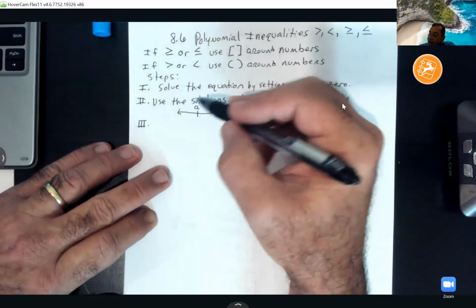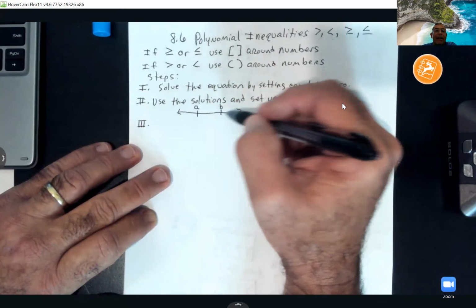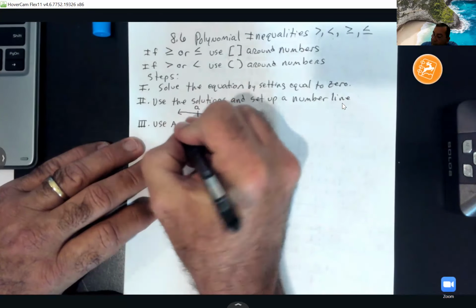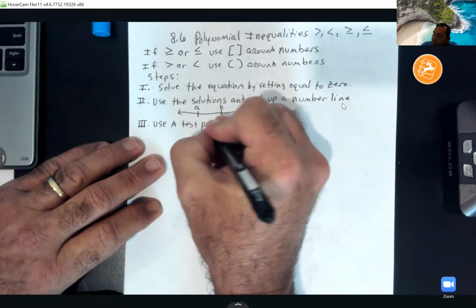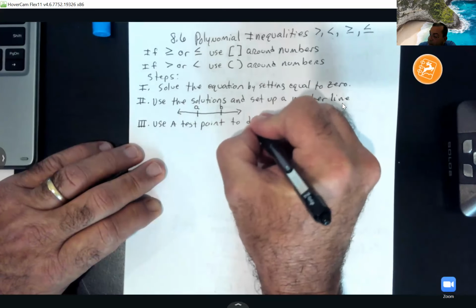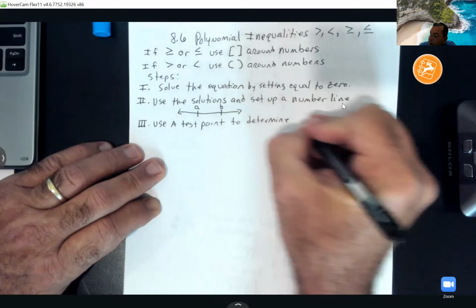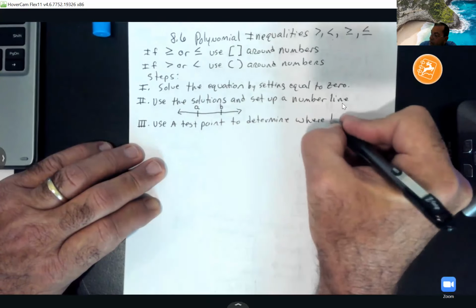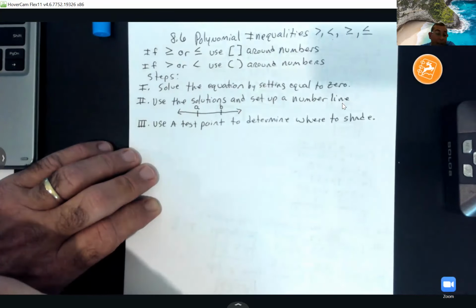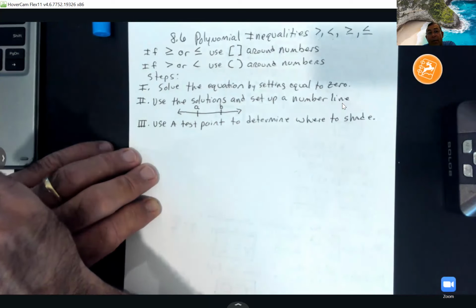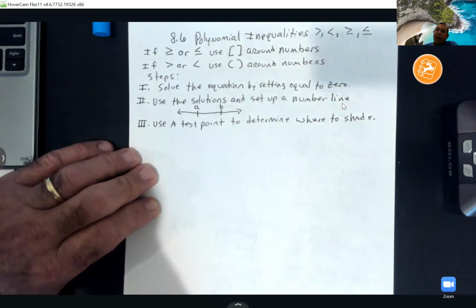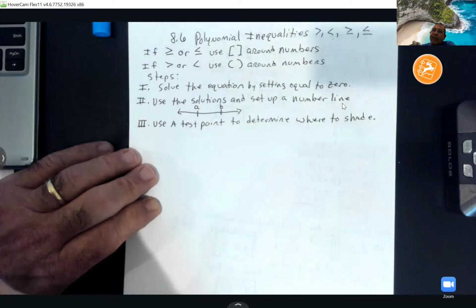So what we have to figure out is where to shade. I use a test point to determine where to shade. Personally, I always test 0, no matter where 0 is on here. 0 is the easiest number to plug into those equations and check to see if they're true or false.